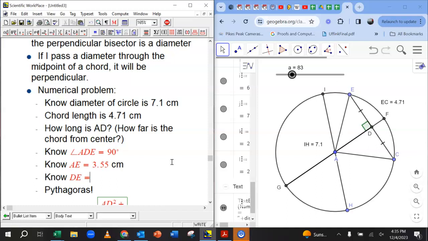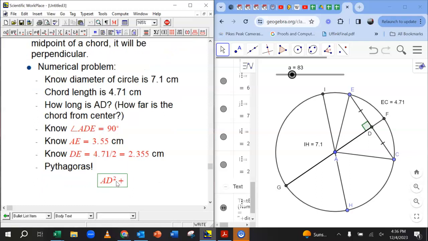But I know DE because this is not some random point. That's the midpoint here. And I know that DE is half of 4.71. Oh my gosh, 4.71 over 2. That is 2.355 centimeters. Okay. So now my mystery length squared plus 2.355 squared is 3.55 squared.